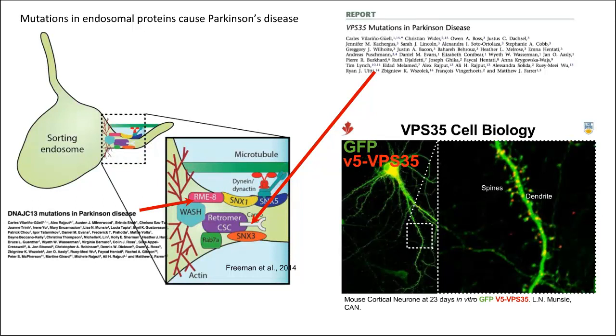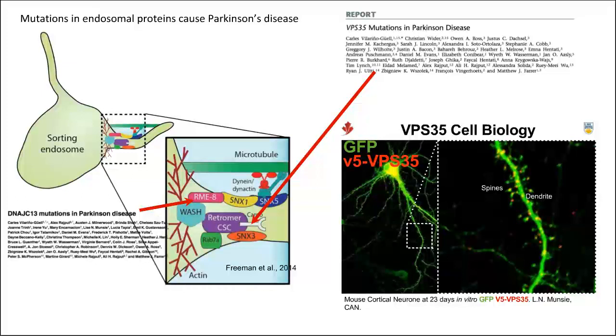And so when we use high-resolution microscopy, you can see that this is a single neuron, and we've introduced two proteins into this neuron, one of which is GFP, which you can see will basically fill the entire cell.